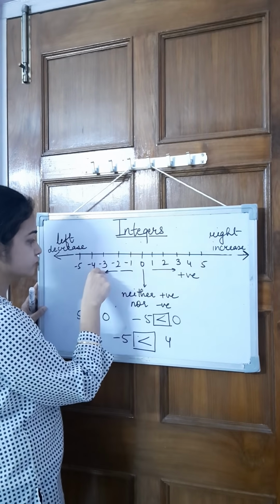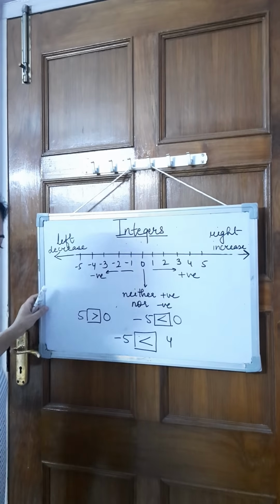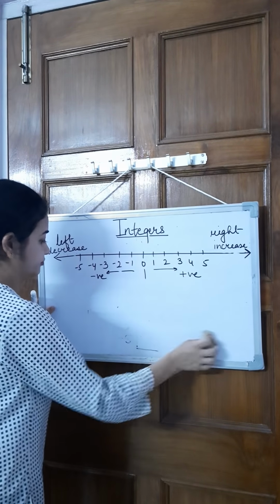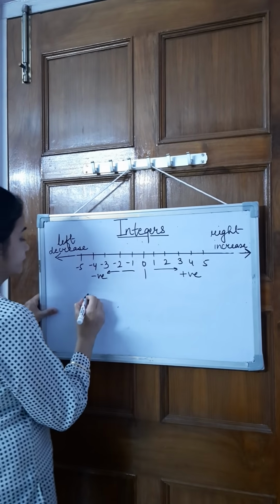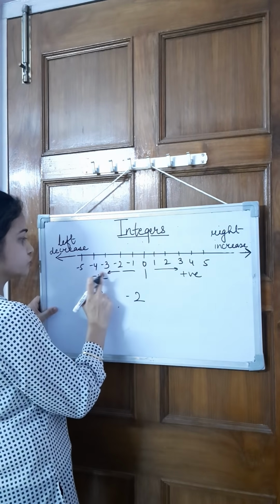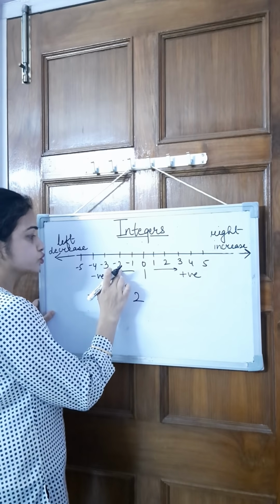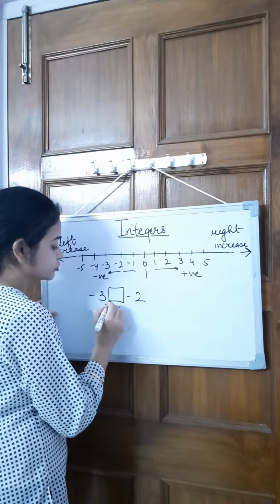So -3 is smaller and -2 is greater. Between -3 and -2, since -2 is written towards the right side of -3, it is greater.